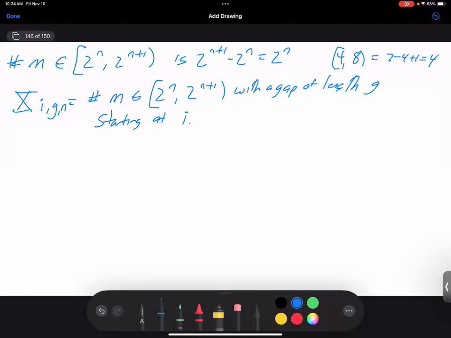And we know that this is equal to 2 to the negative g, 2 to the n minus 1. So this is giving us a gap of length g starting at i. How would I figure out how many integers have a gap of length g anywhere? This is going to count how many gaps of length g I have starting at a specific place.